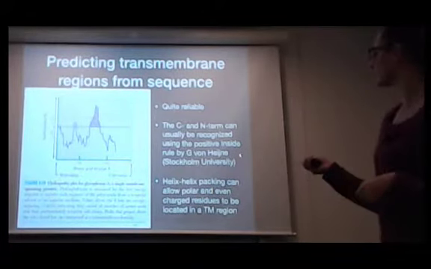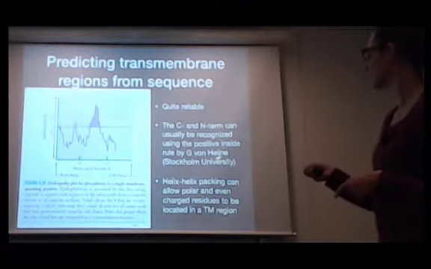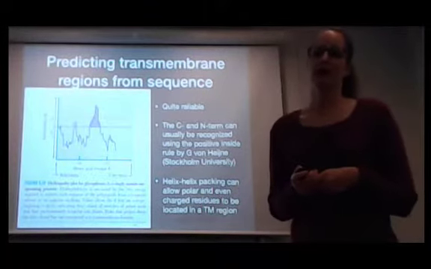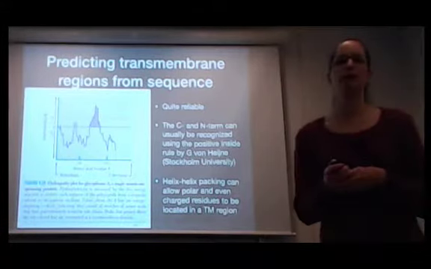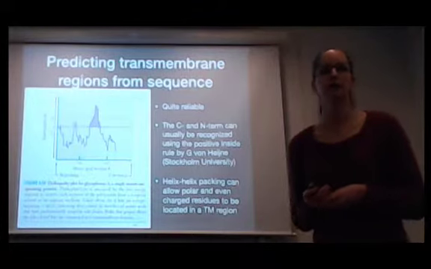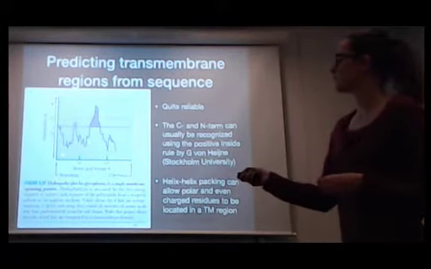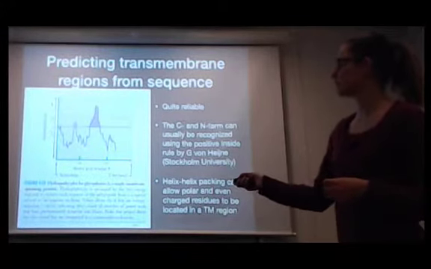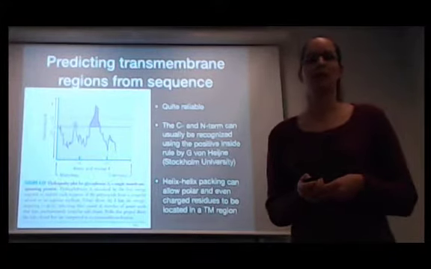And so there's this so-called positive inside rule that was coined by our colleague Gunnar von Heijne from Stockholm University, that tells you that you can recognize the intracellular domains from whether they have more or less positive amino acids. So in the case of glycophorin, which was a single pass transmembrane protein, the positive inside rule tells us that the N-terminus is intracellular and the C-term is extracellular, I believe.